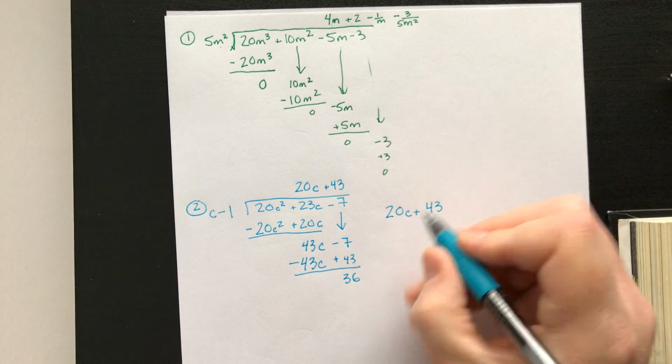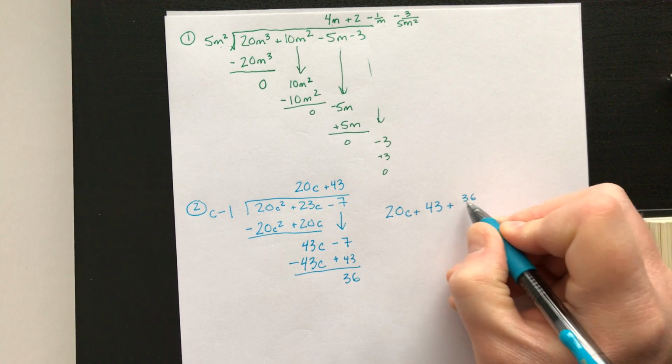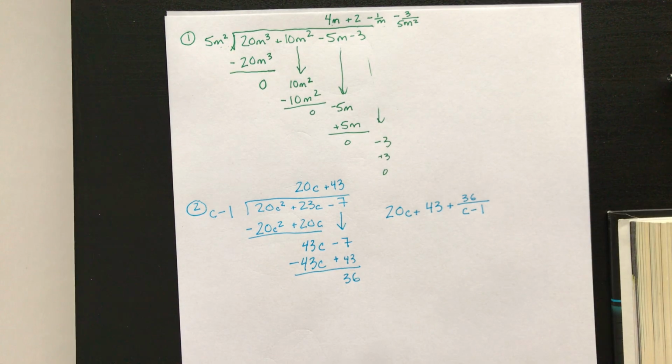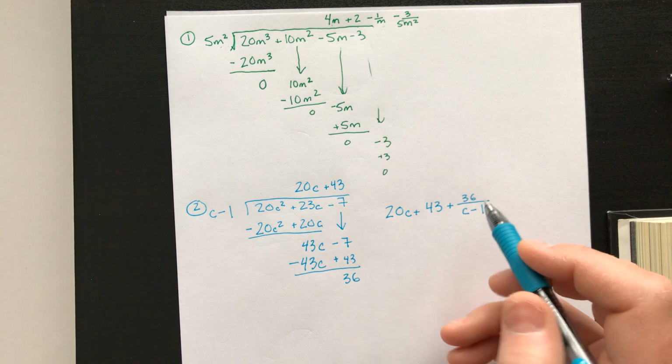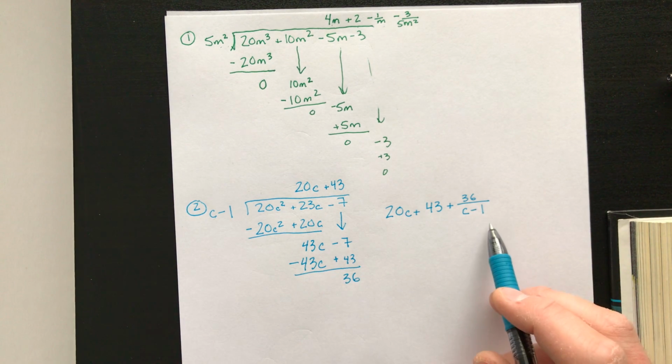You need to add that 36 all over c minus 1. Okay? Because if we were to cancel out the 36, our multiplication term would have to cancel out the c minus 1.